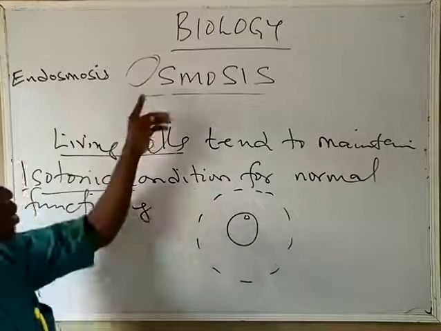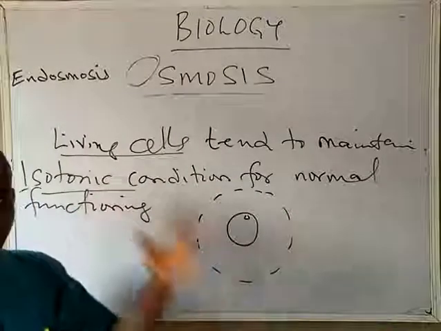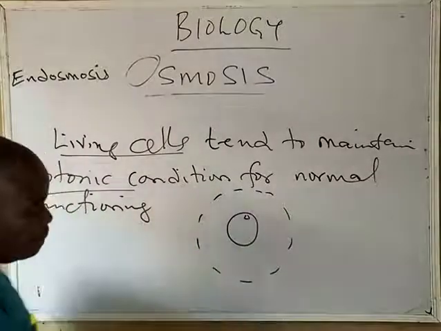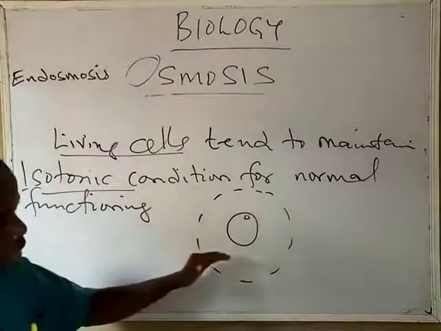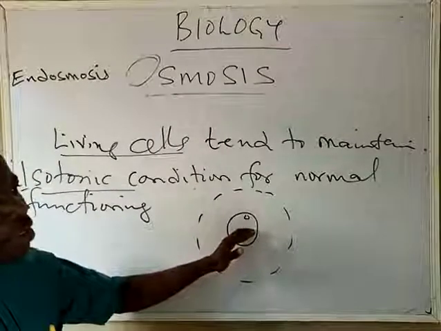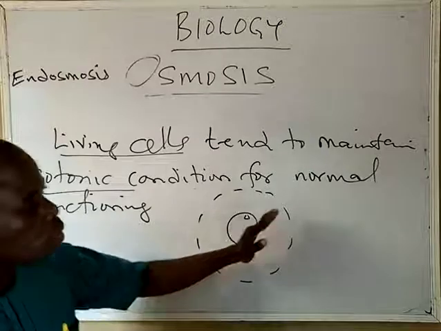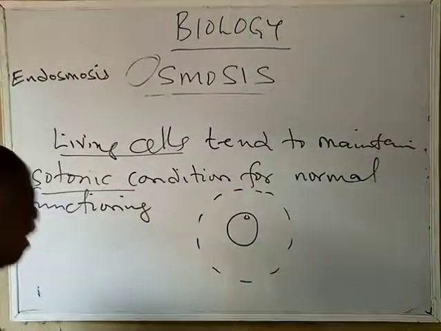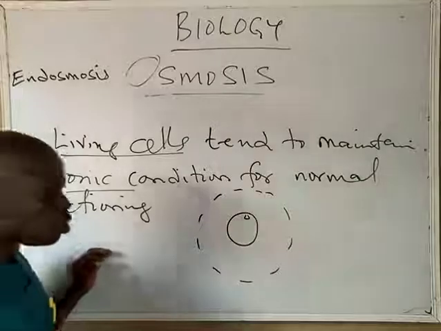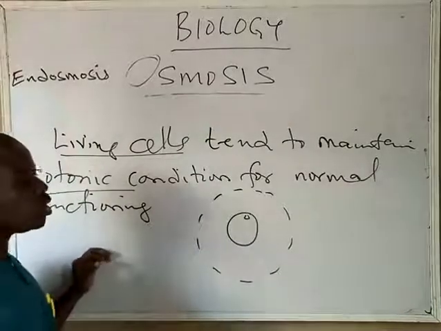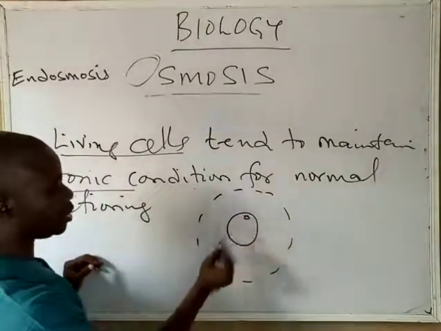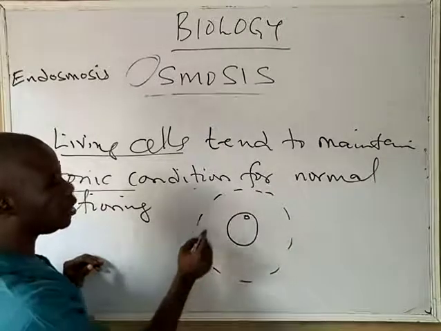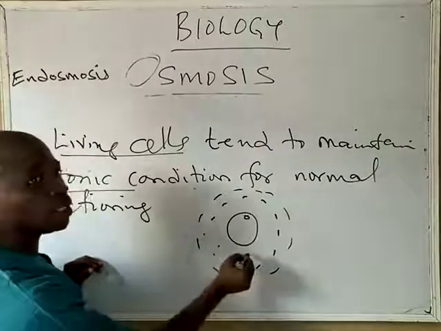And that's why osmosis is very important in the body of living organisms. Cells tend to maintain isotonic conditions.